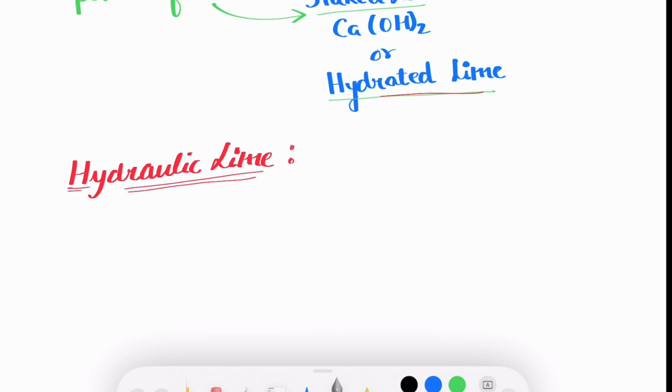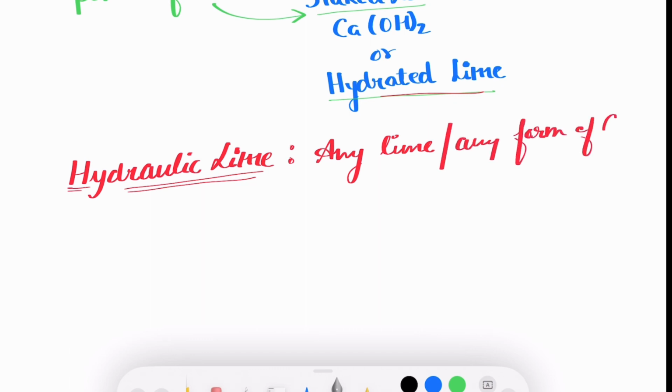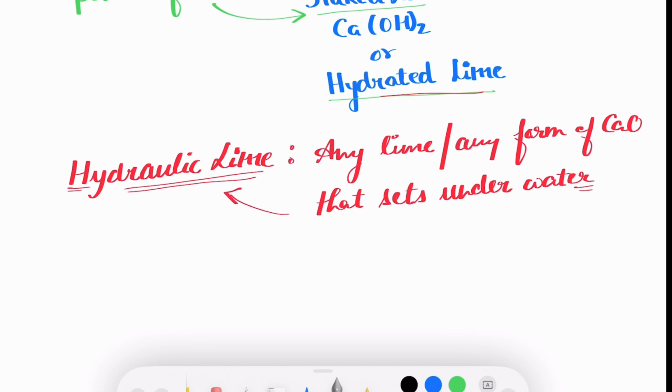Hydraulic lime is basically any form of lime that sets under water. Any lime that sets under water is referred to as hydraulic lime.